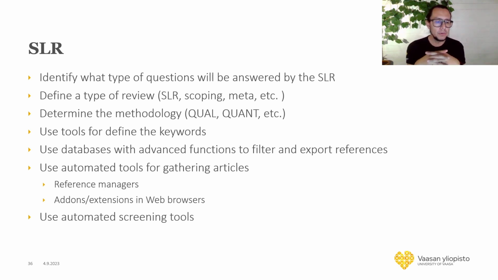What I want to focus on here is that it's very recommendable to use automated tools for gathering the articles, for instance, automatically gathering using the web browser, using add-ons or extensions in Firefox or Google Chrome, and also gathering those articles in a reference manager.